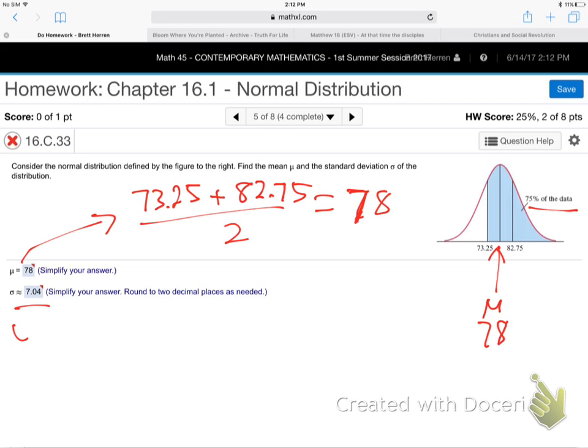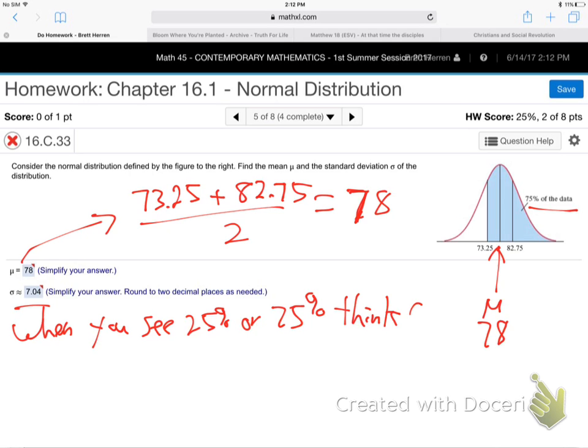So when you see 25% or 75%, you know what you should think about? Q1 or Q3. Because remember, 25% of the way through the ball game is the end of the first quarter. 75% is the end of the third quarter.